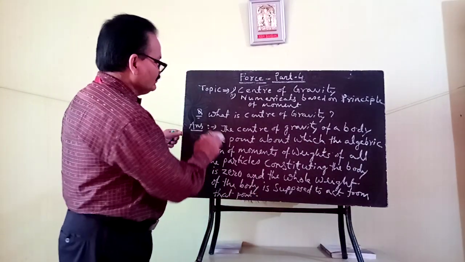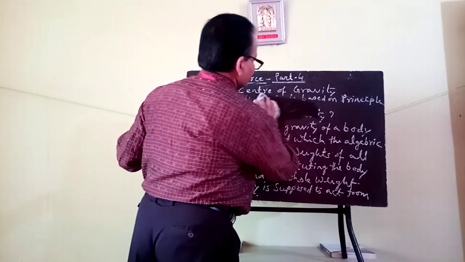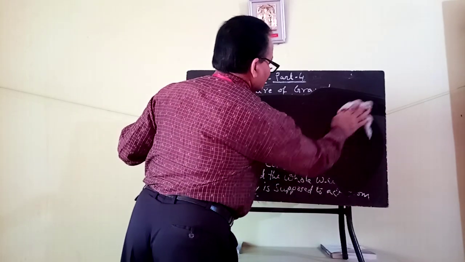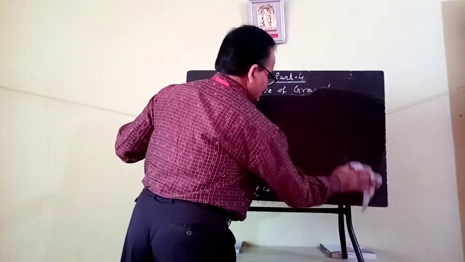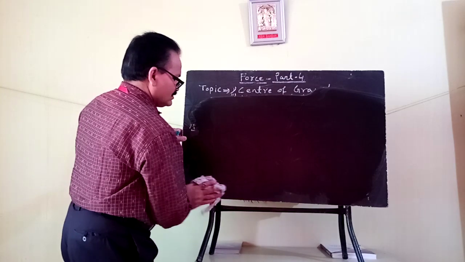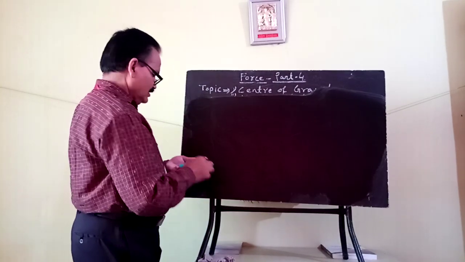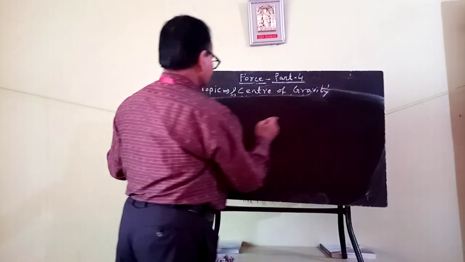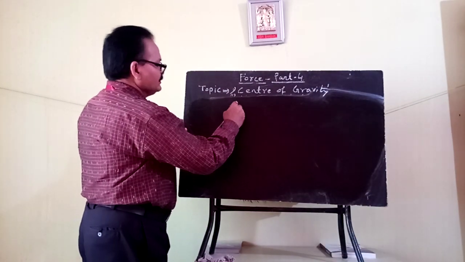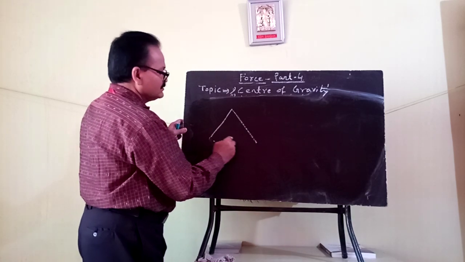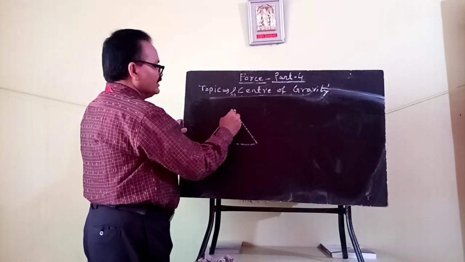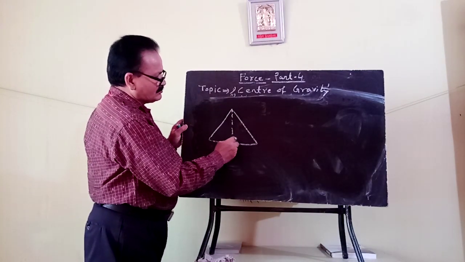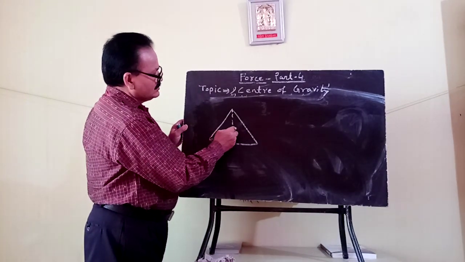You see, for a triangular lamina, the median is the line segment joining the vertex and the midpoint of the side opposite to the vertex.